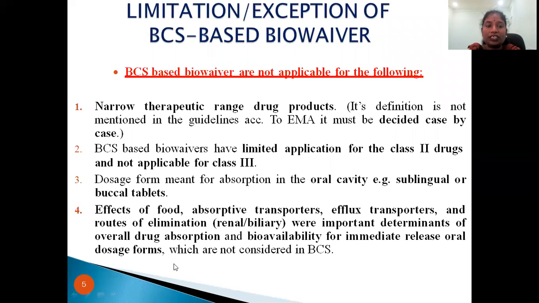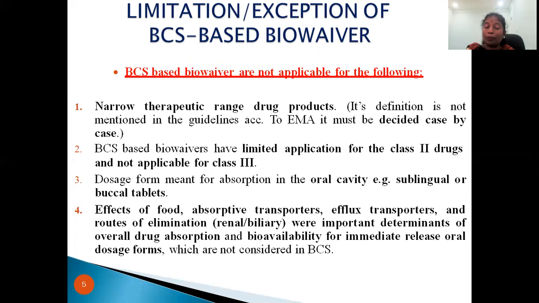Next one is limitations. Very, very important, these limitations. What are those limitations? Drugs having a narrow therapeutic range are not suitable for these biowaiver procedures. Some drugs also have low bioavailability.